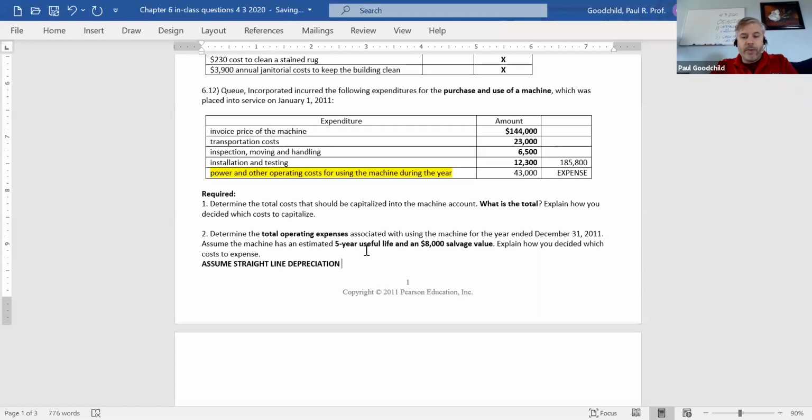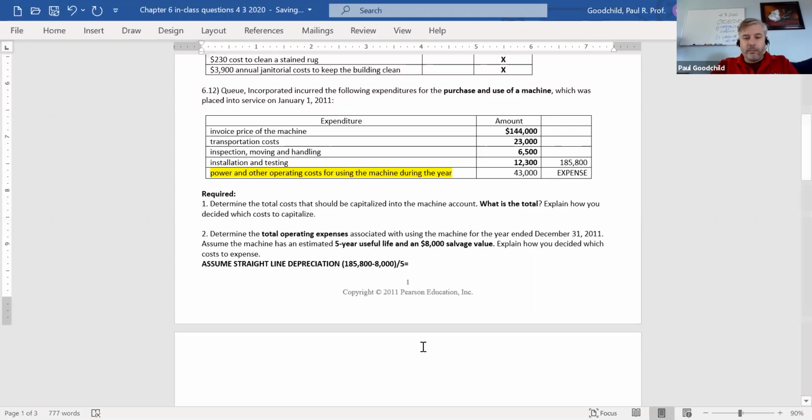And so we have 185,800 minus the $8,000 salvage value. And it has a 5-year useful life.